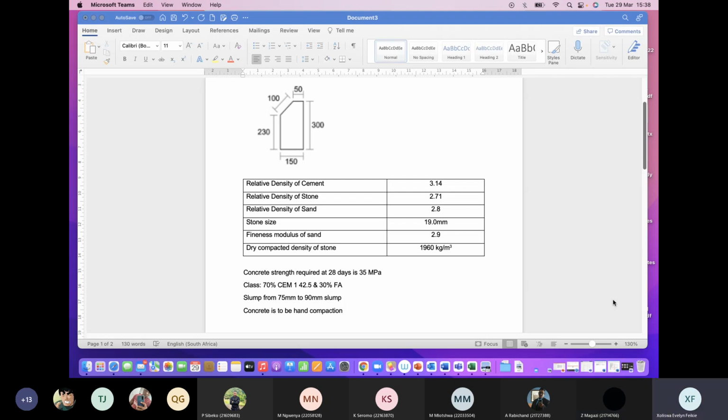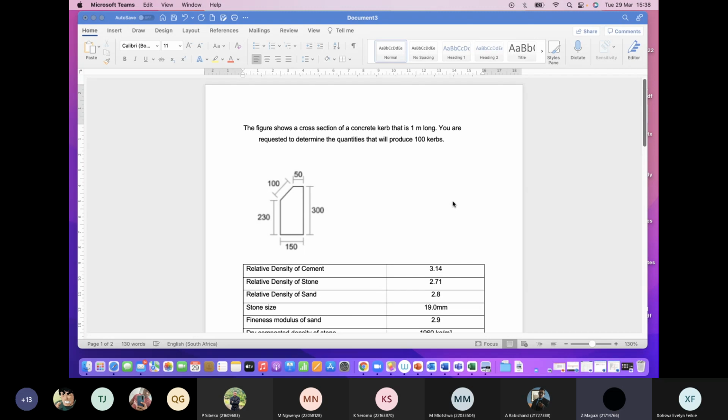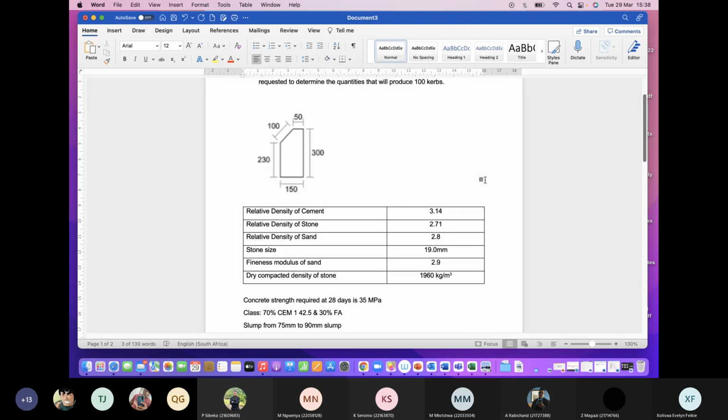Ma'am, when you're trying to solve the volume of the curb, which length are we going to use? Oh, 1 meter long. Oh, okay, ma'am, thank you. But how did you get to the 1 meter long when you have not given me the volume of sand?